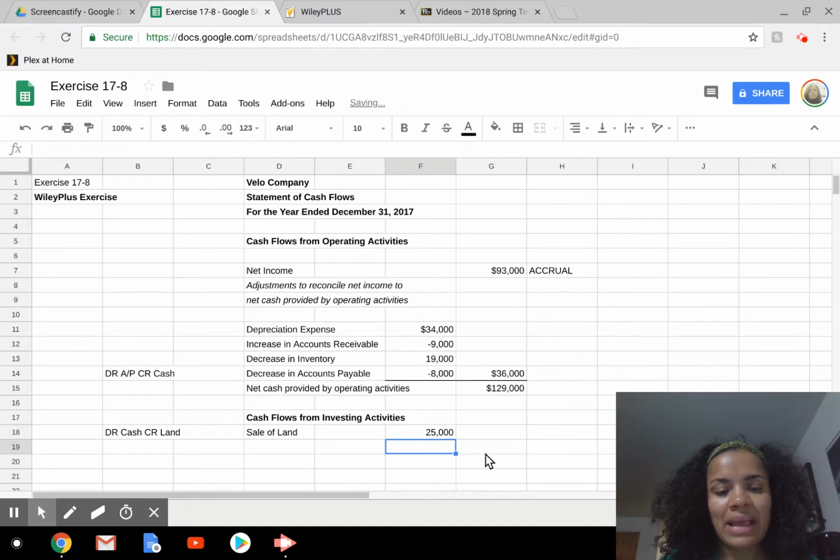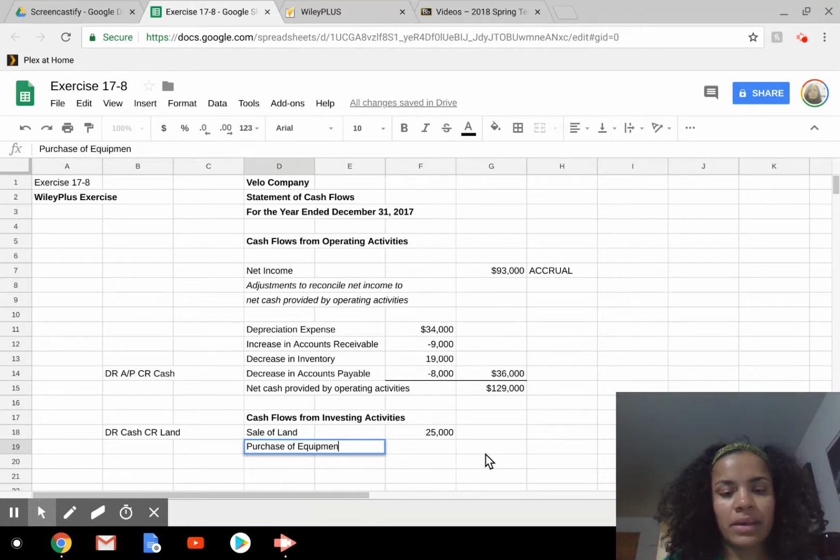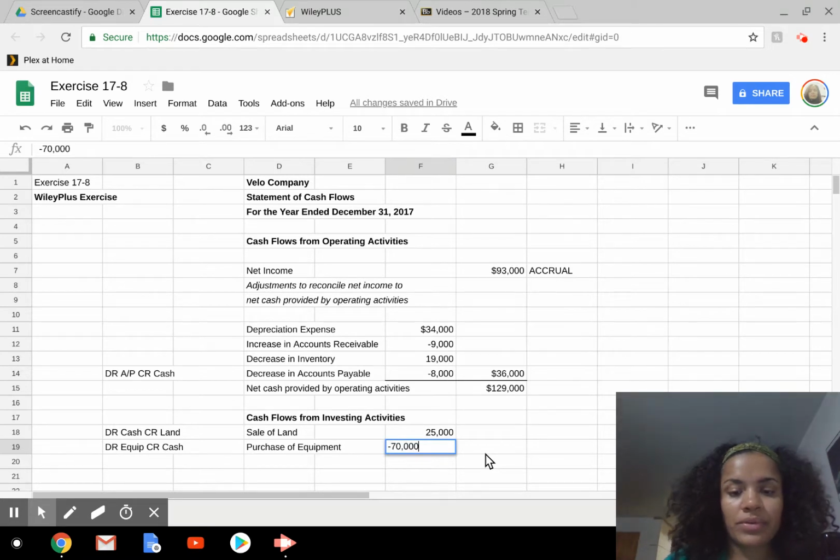Cash is coming in. When you think about the purchase of equipment, it's the other way around, because you're saying debit equipment and credit cash, which means that the purchase of equipment for the 70,000 is going to be a cash outflow.